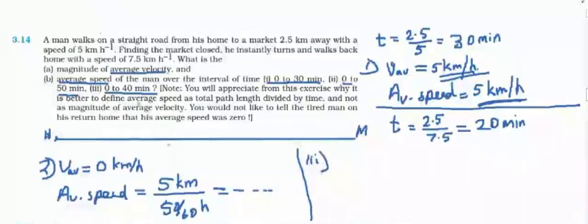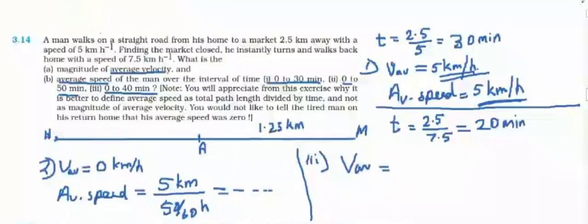Now come to part 3, 0 to 40 minutes. 0 to 40 minutes means he is traveling with uniform speed. He reaches the market, and returns back to a midpoint. Take a point A, the midpoint. As it is the midpoint, this distance, AM distance, is 1.25 kilometer. So first we can calculate average velocity. V average is equal to displacement divided by time.